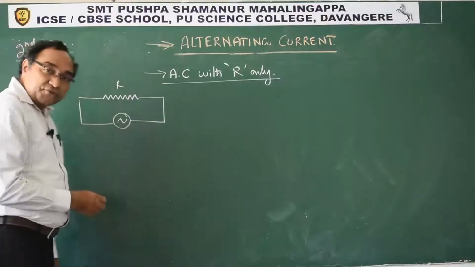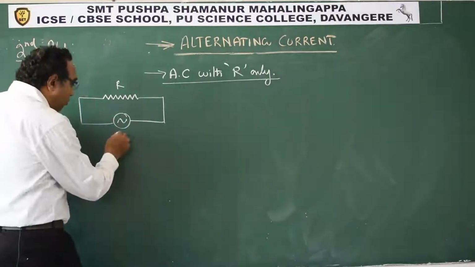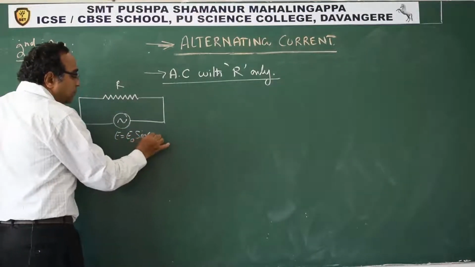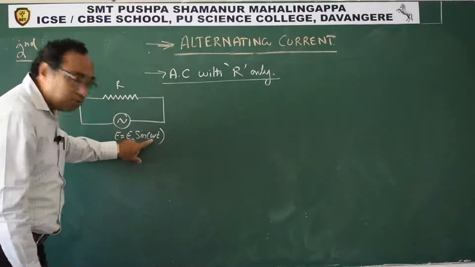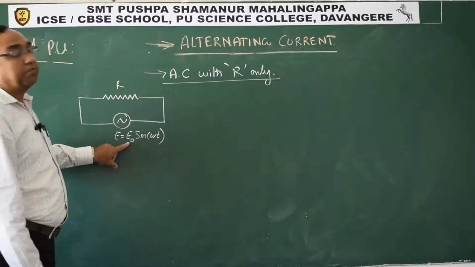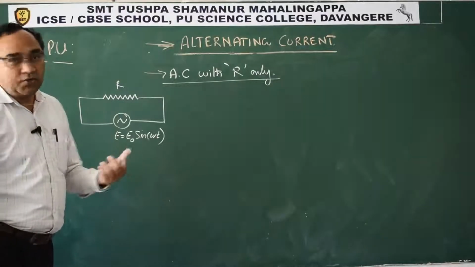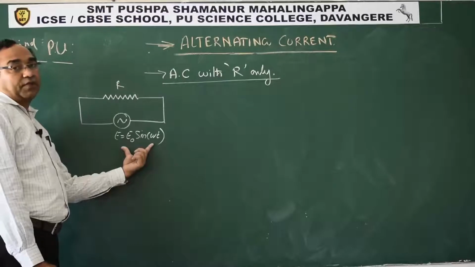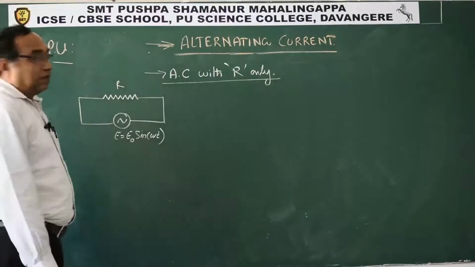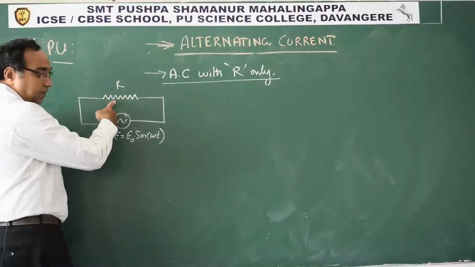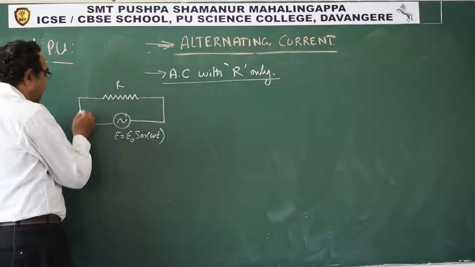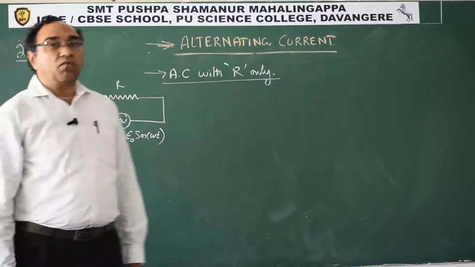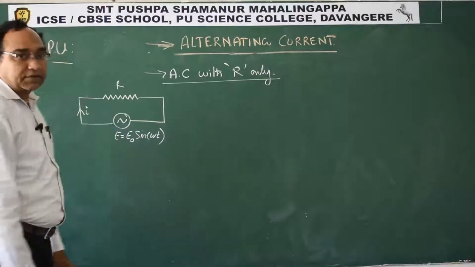Now, since the AC source is there, we know the frequency and the peak value or the RMS value. So the source is given by E is E naught sin omega t. Now R is connected. What happens? There will be a current. So the question arises, what will be the expression for the current?